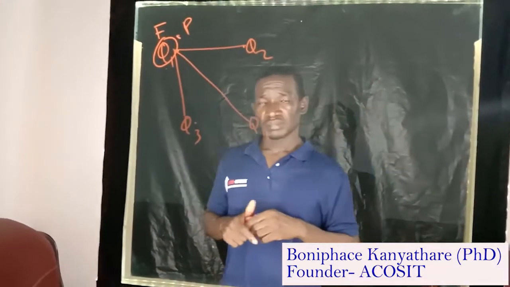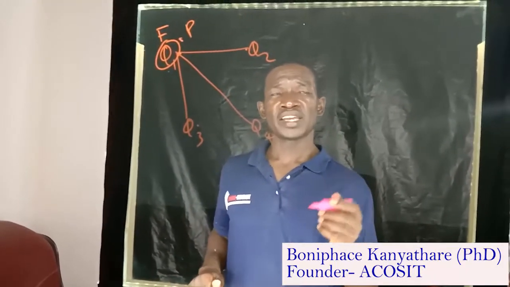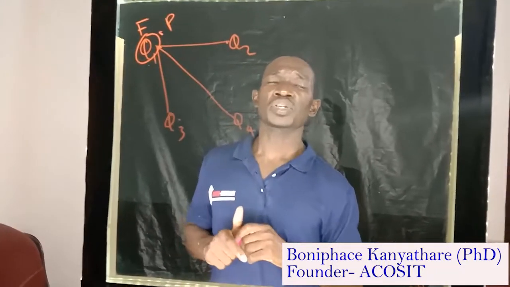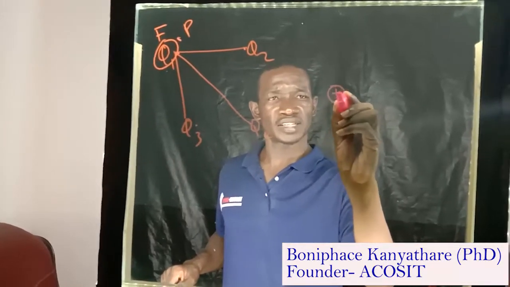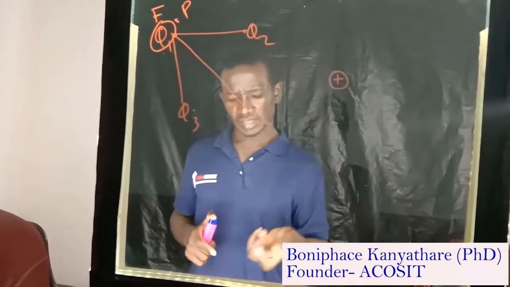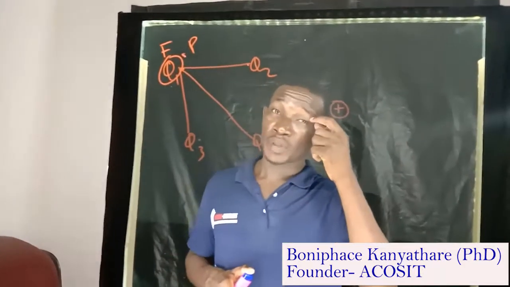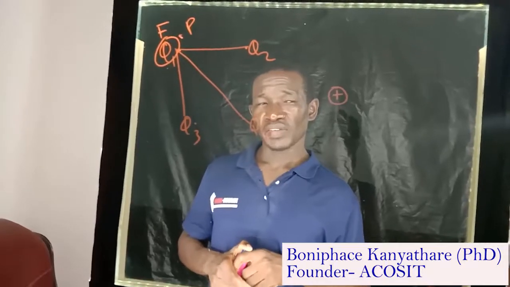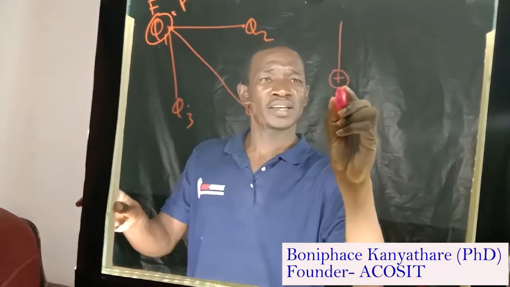There are some more important things to look or consider here. If we are talking about electric field and we are talking about a positive charge, let's say this is a positive charge here. If we have a positive charge, what will be the direction of electric field? The direction of electric field will be outwards from the charge.